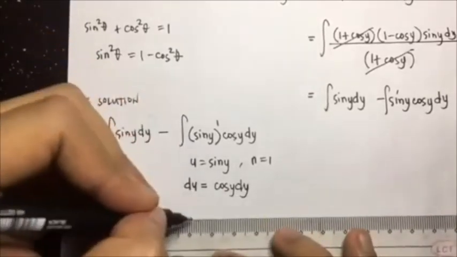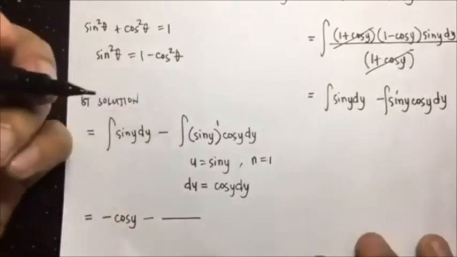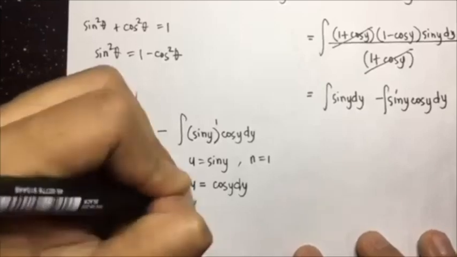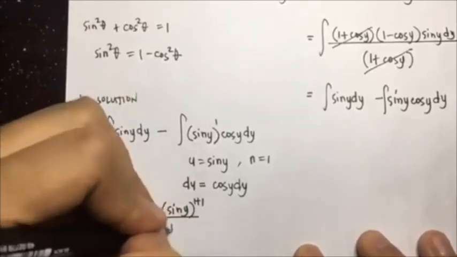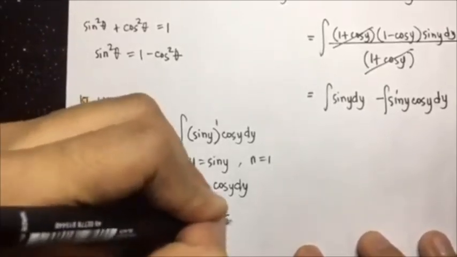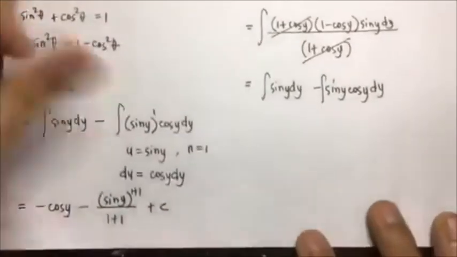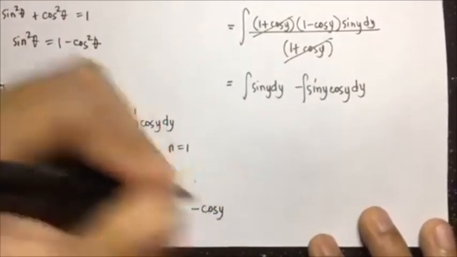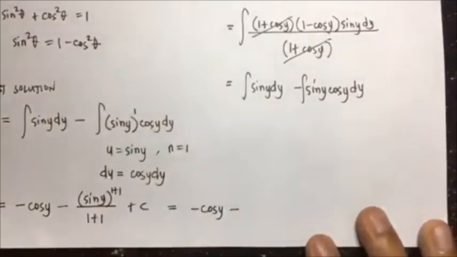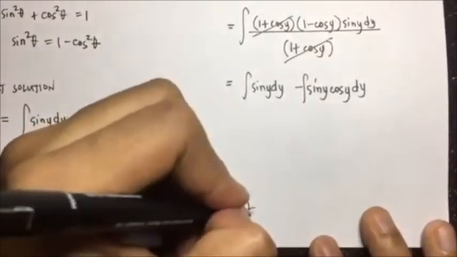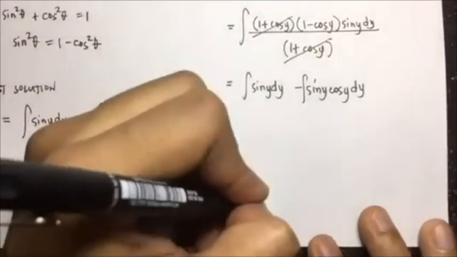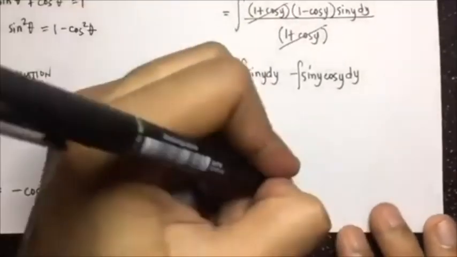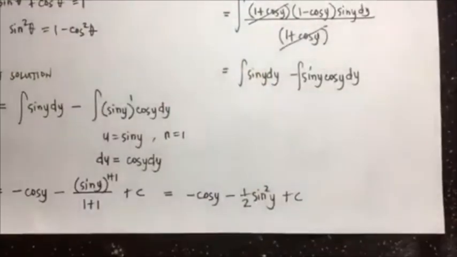So we have u raised to n plus 1 over n plus 1. So we will have sine y raised to 1 plus 1 over 1 plus 1 plus c. So this will now become negative cosine of y minus 1/2 sine squared of y, plus c.